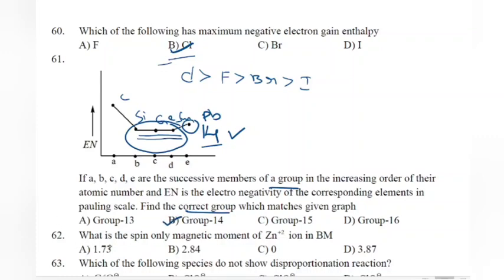Next, what is the spin-only magnetic moment of Zn2+ ion in Bohr magneton? If we consider Zn2+, the configuration is 4s0 3d10, right? No unpaired electrons. That means n is equal to 0 implies mu also 0. So the answer will be C.